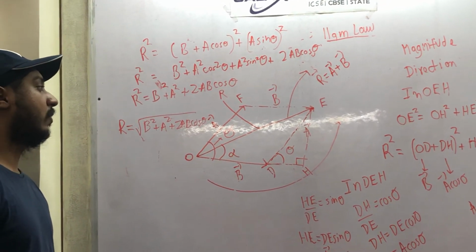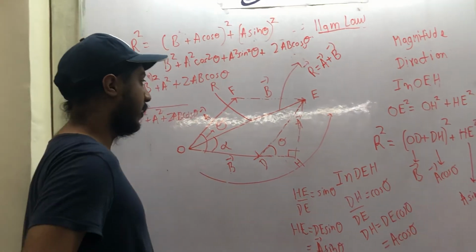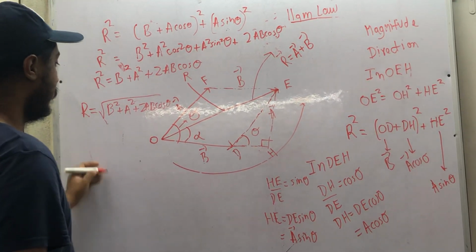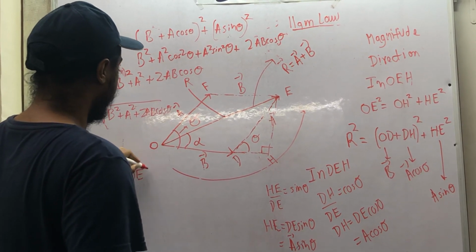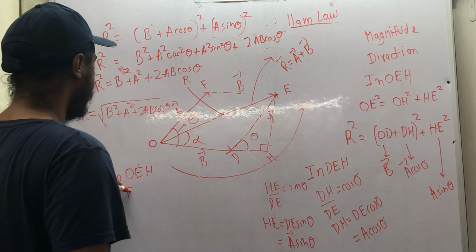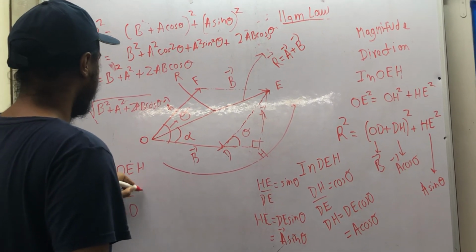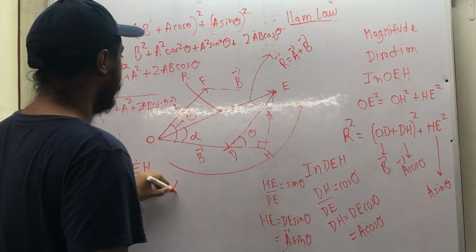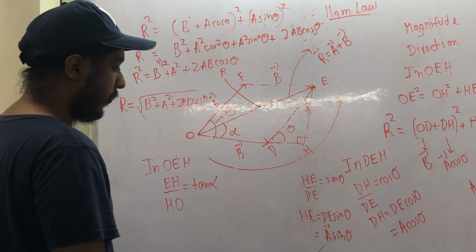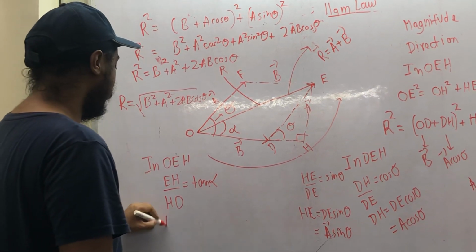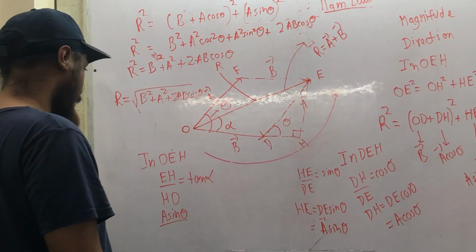Now the next thing we are going to find is the value of alpha. It's the same thing again. In triangle OEH, EH upon HO is equal to tan alpha. You can write EH, or HE, as we found out already, as A sin theta. And what will be the value of HO?